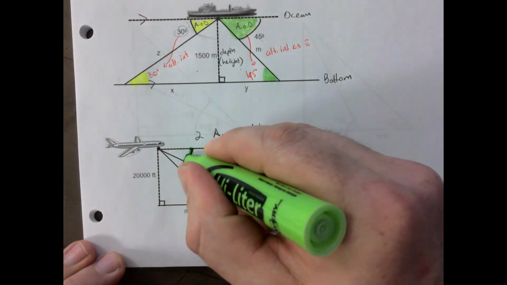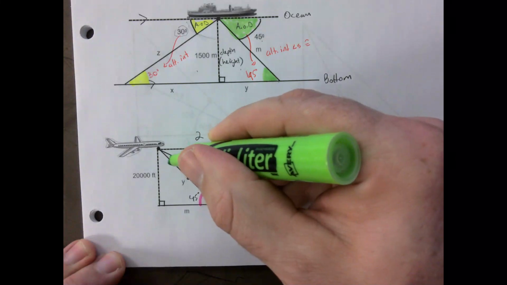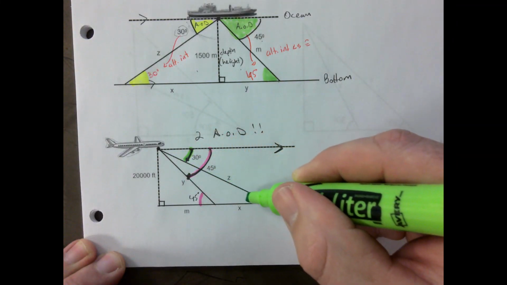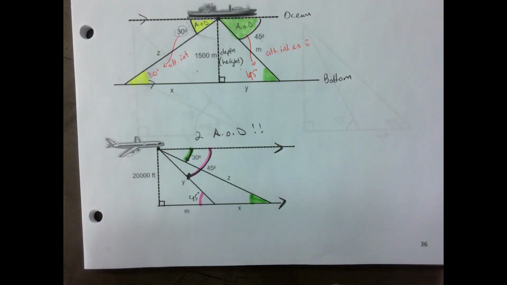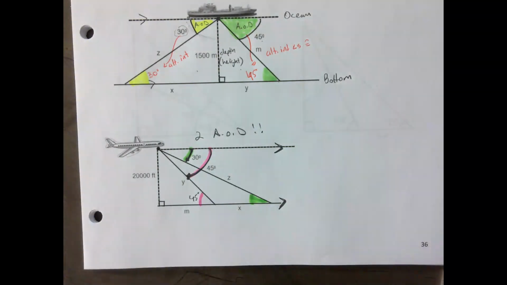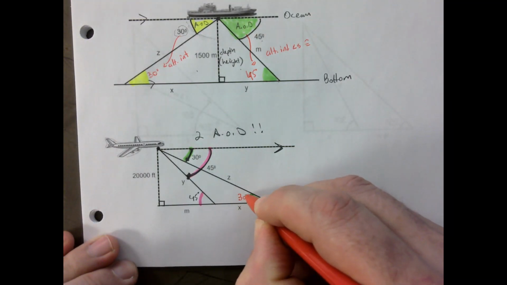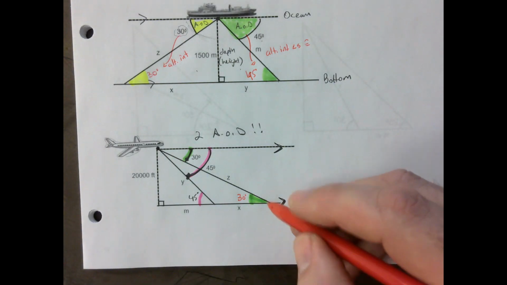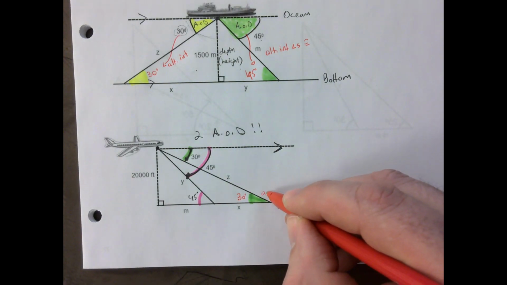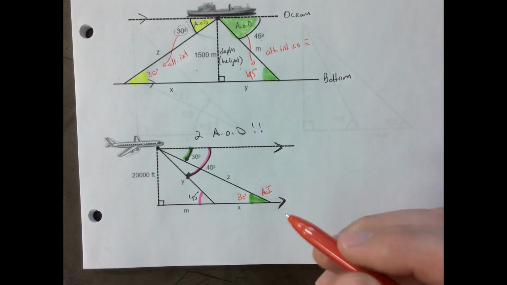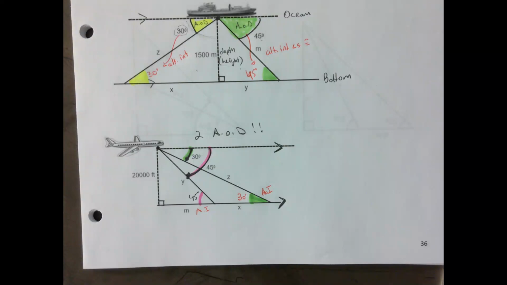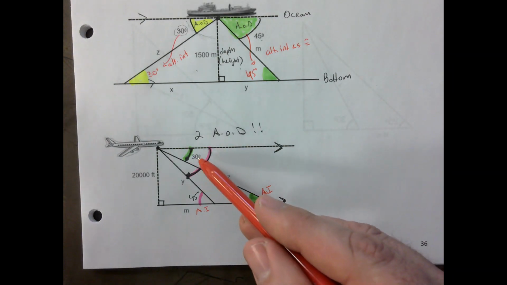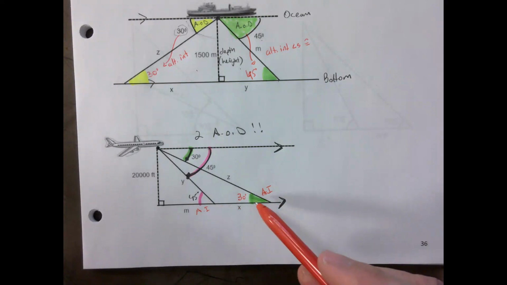This 30 here, if you come down this transversal, because it's touching this, we have a 30 here, correct? I use alternate interior. I'm just going to go AI here. That's the way the world is going anyway, so might as well. AI, that's how I got those. From the angles of depression, I brought them down here and here.